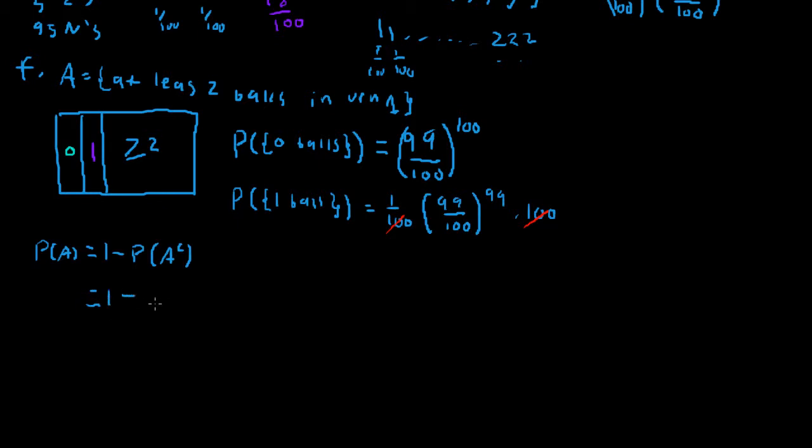So this is 1 minus 99 over 100 to the 99, times 1 plus 99 over 100.